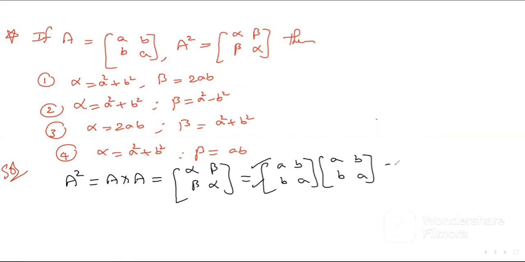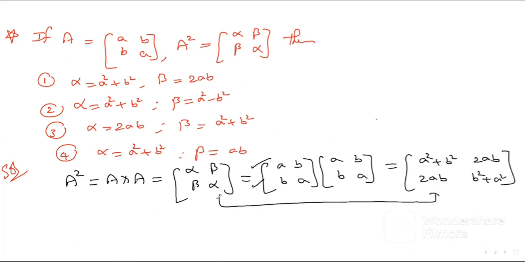First row multiply with all columns. What we get here? a square plus b square, and ab plus ba, which is 2ab. Then ba plus ab is also 2ab, and b square plus a square. Now these two are equal matrices. Equating corresponding elements, alpha is equal to a square plus b square, beta is equal to 2ab. Which option is correct? The first option is correct.